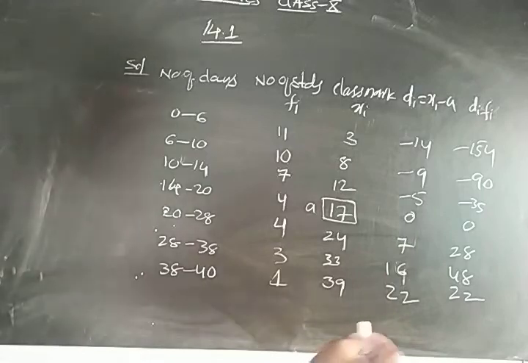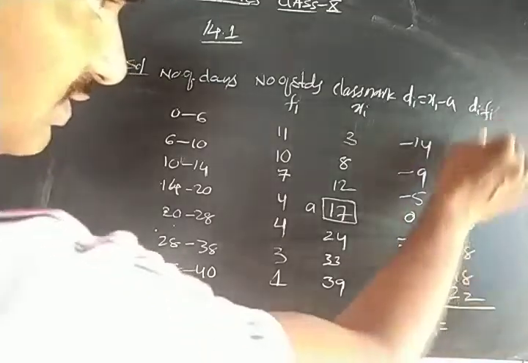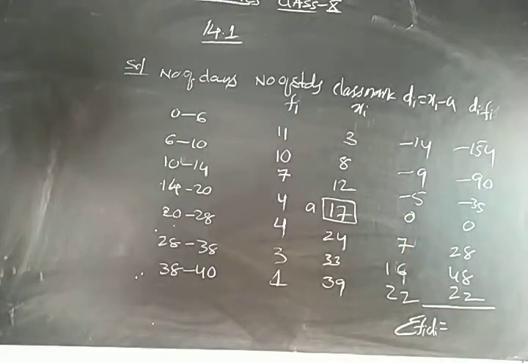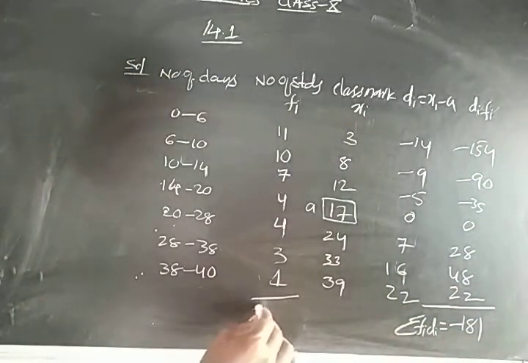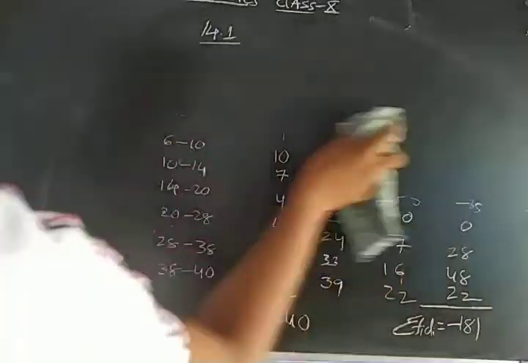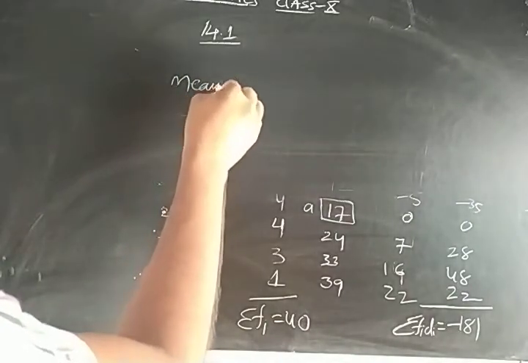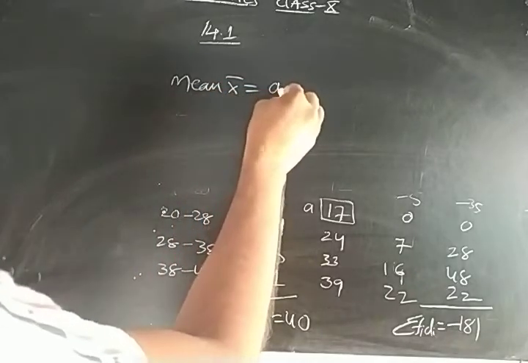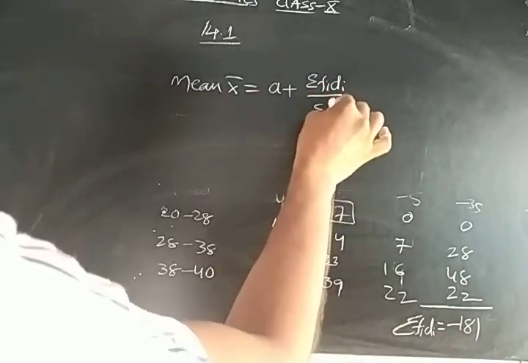So this is fidi. Now I am finding the sum of the fidi column, the sum of all these values. By adding all those values, you will get minus 181. Again summation fi, by adding all the fi's, you will get 40. Now I am finding the mean. Mean x bar is equal to, by the assumed mean method, the formula: A plus summation fi di by summation fi.